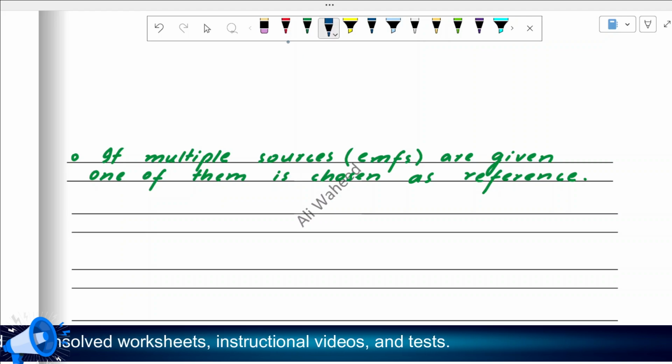In the next step, just keep memorizing these steps because we got to be using these in the circuits.